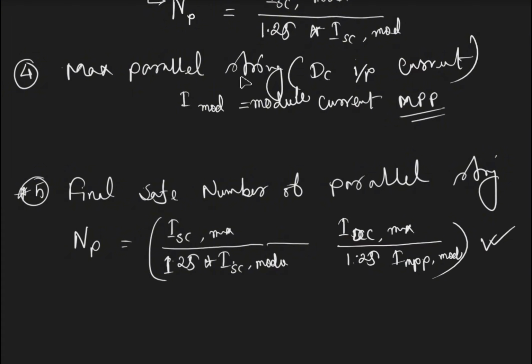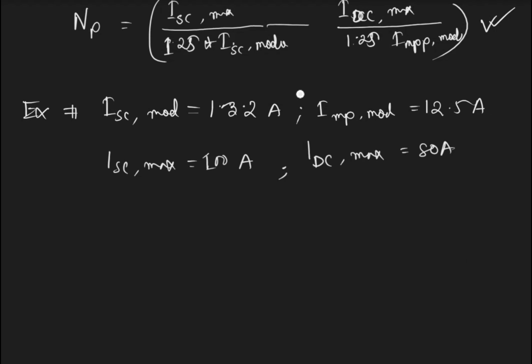Now, if we have an example to calculate, say, short circuit current for module. Okay, so this is actually a practical example, like this data for solar PV module data.